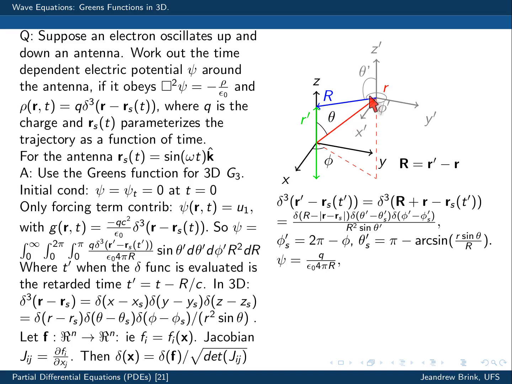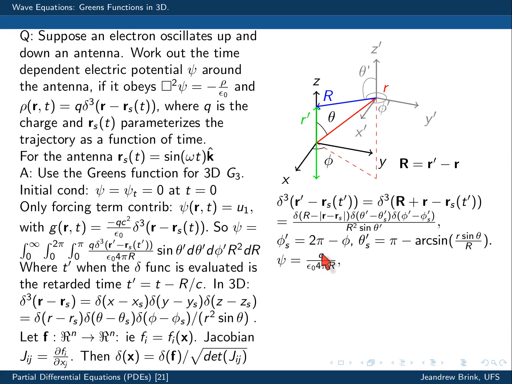So the arc sine, and then pi minus that to get the angle over there. That's just the geometry. And if you have these two, and you then have r restricted to r minus rs, you actually get a very simple expression for your psi. It is simply this factor that's only dependent on r.